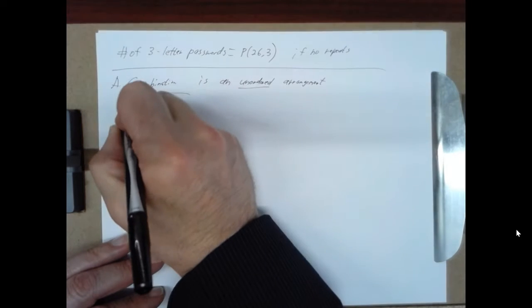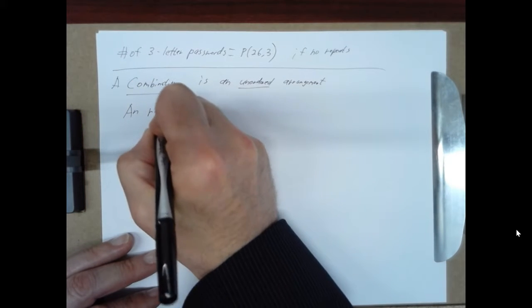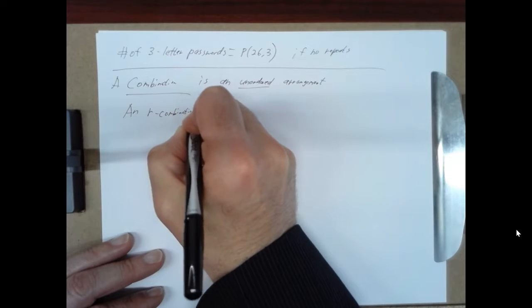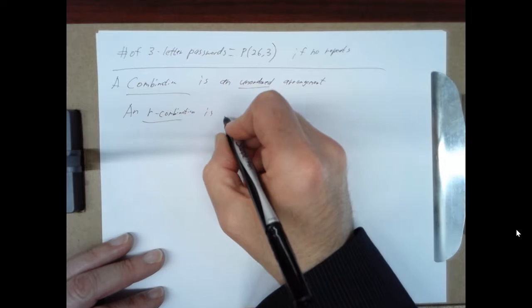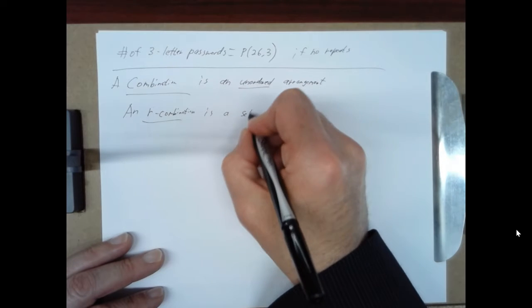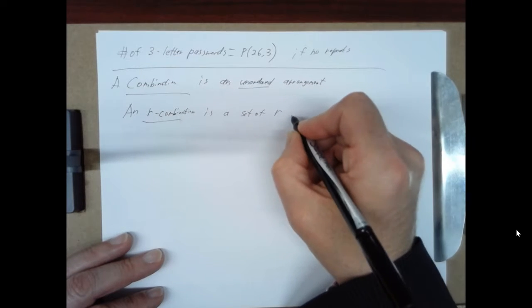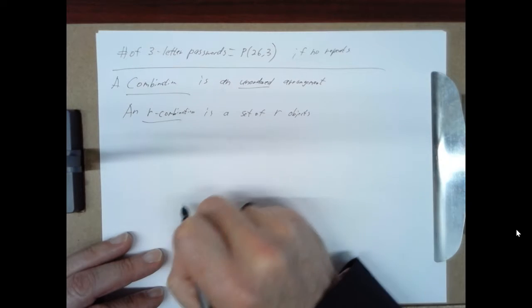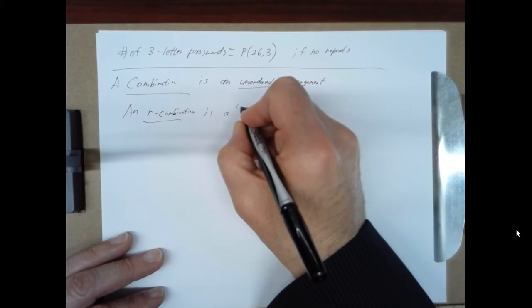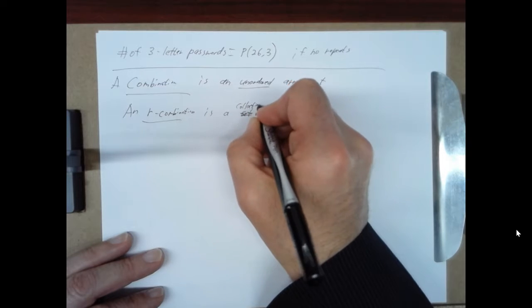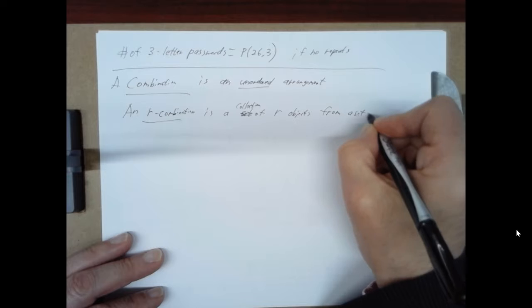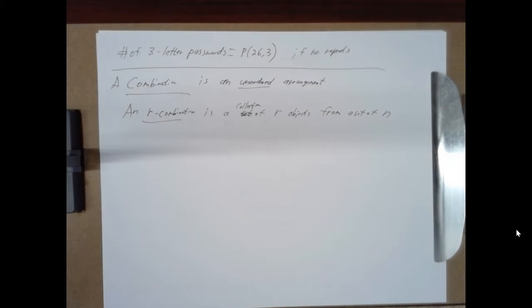So an R combination is a set of R objects, or let's say a collection, from a set of n.